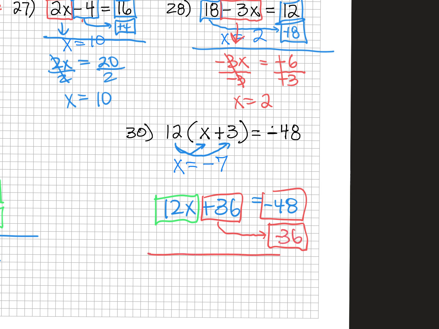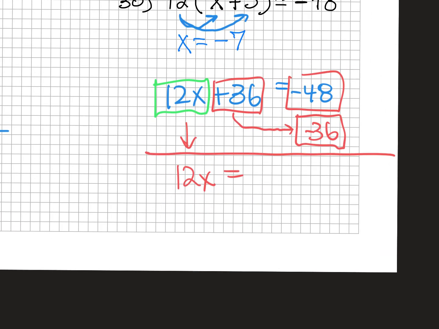Let's see how many people got this right. 12x equals negative 48 minus 36. So now we have 48 people on the negative team. We have 36 people on the negative team. The negative team just got huge. Equals negative 84. Okay, we'll divide by 12. And x equals negative 84 divided by 12. 84 divided by 12 is 7, but the one negative makes it negative 7.